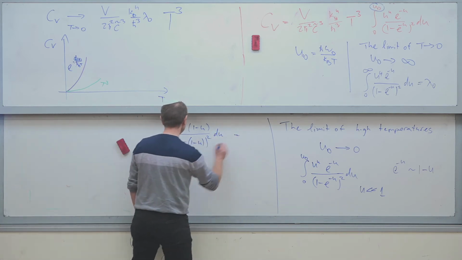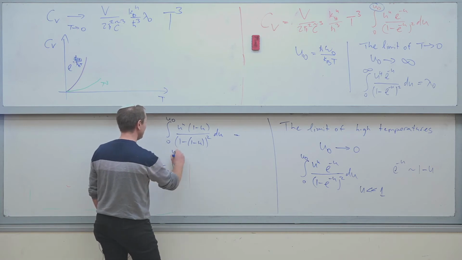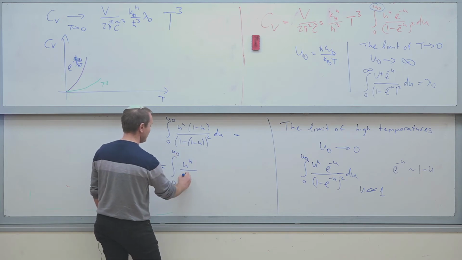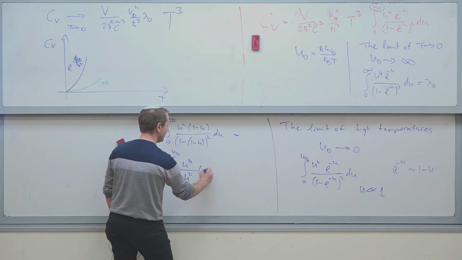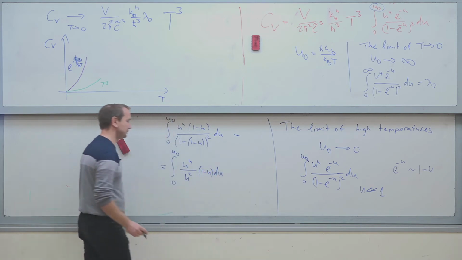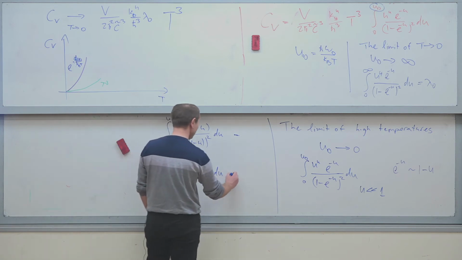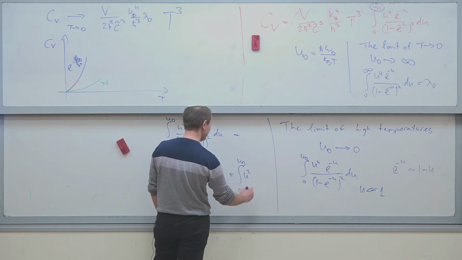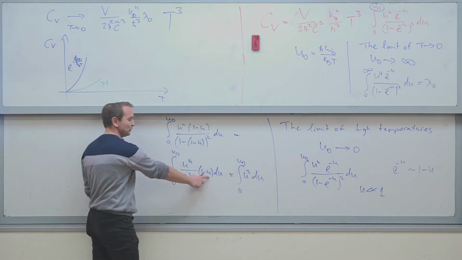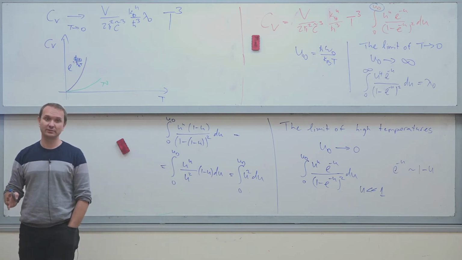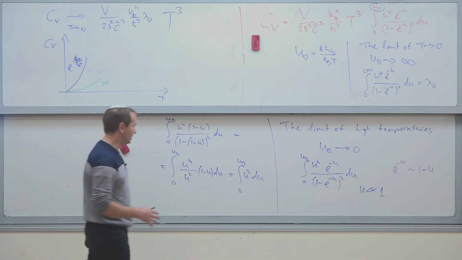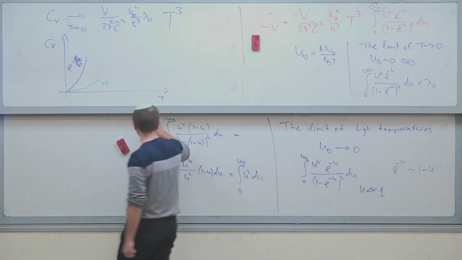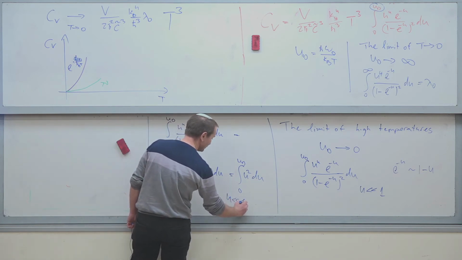This equals the integral from 0 to u Debye of u to the fourth divided by u to the second power times 1 minus u, du, which equals an integral from 0 to u Debye of u to the second power du. What happens to u to the third power? I neglected it. I'm only taking the leading term. There are some small corrections. I don't really care about them. Again, u is smaller than 1.